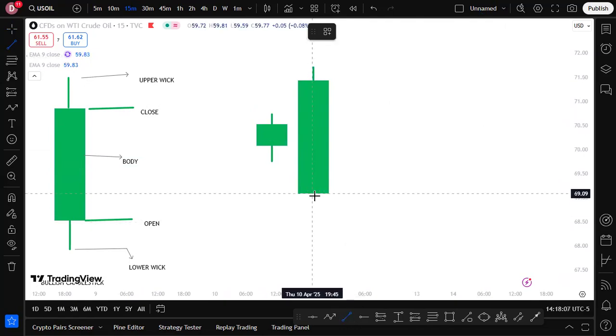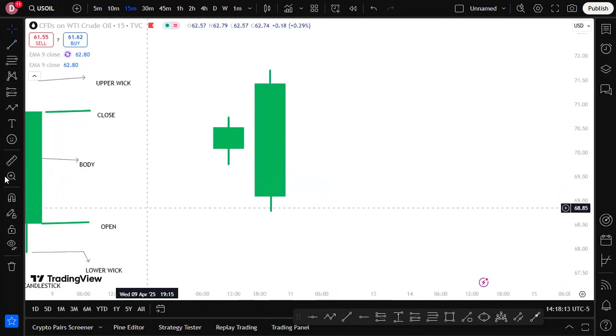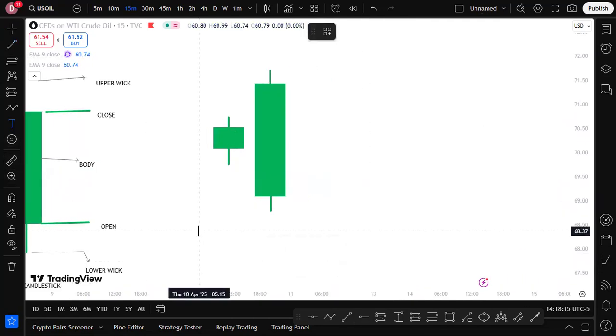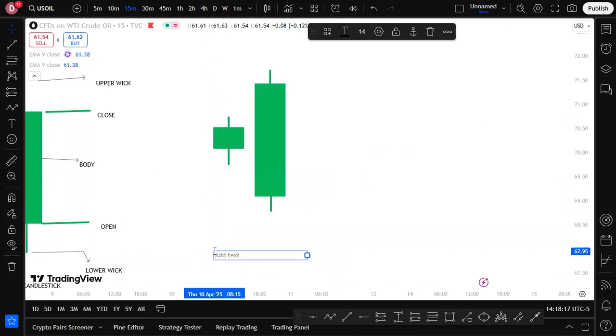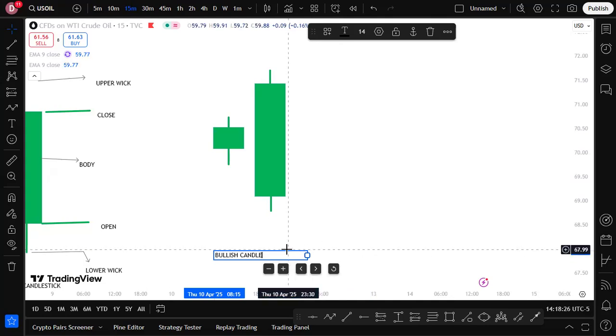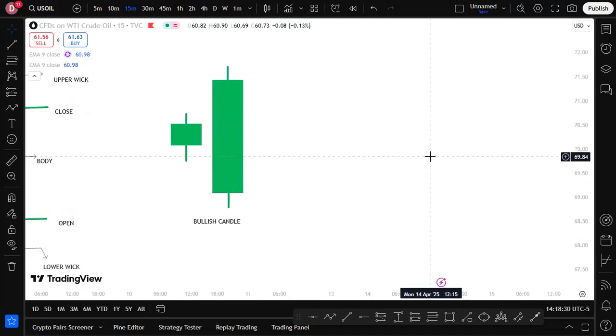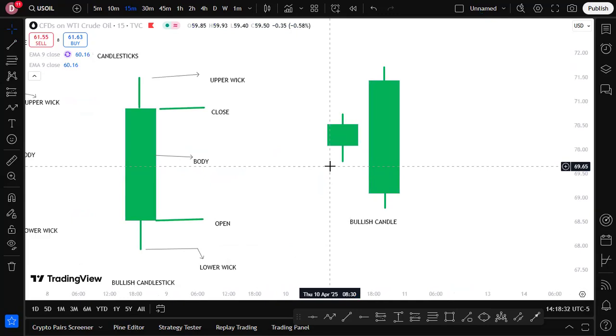So I'll also be talking about each of those candlesticks. So this is for the bullish, so I'll denote it as the bullish. Let me do the same thing for the red candlestick.